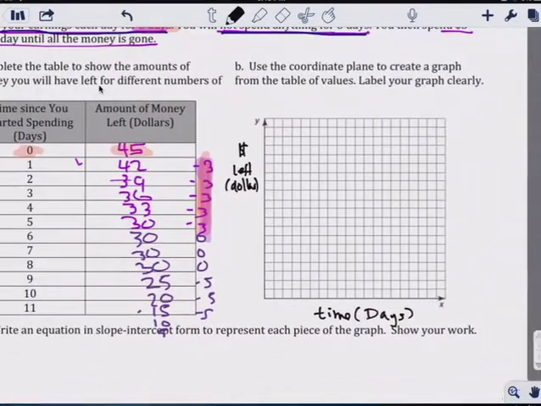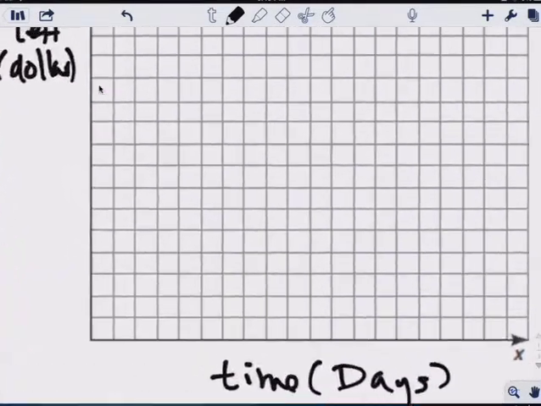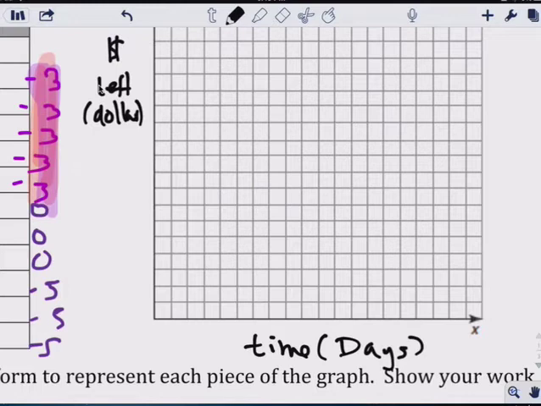Alright, so we're going to go by 5s. Time is by 1, 2, 3, 4, 5, 6, 7, 8, 9, 10, 11, 12, 13, 14 days, 16 days.